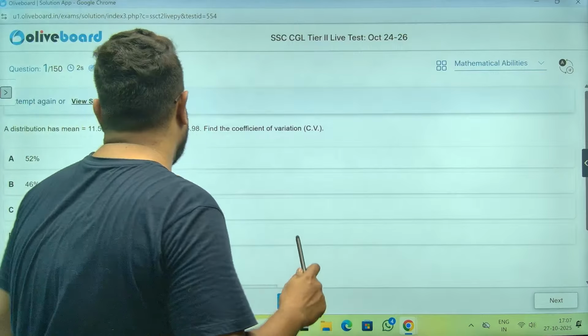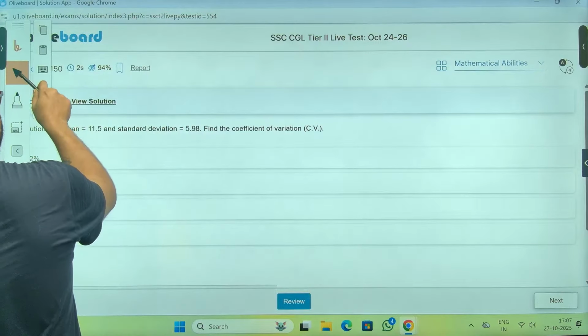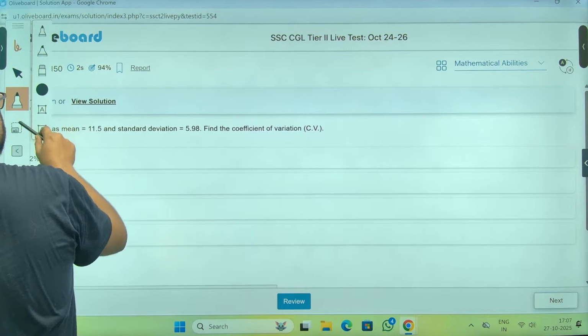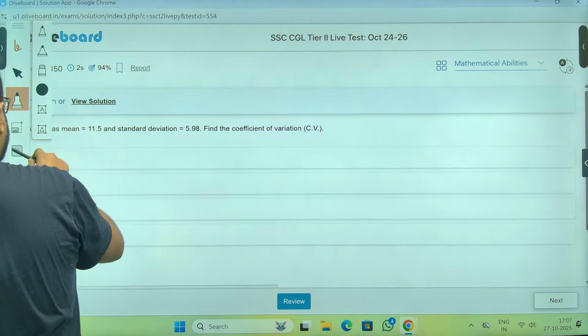Now, first question right in front of you guys is this one. They have given you the mean and standard deviation. They are asking to find the coefficient of variation. Sir, how to do this?